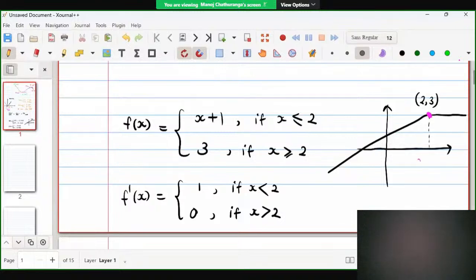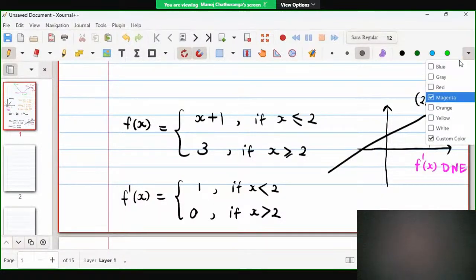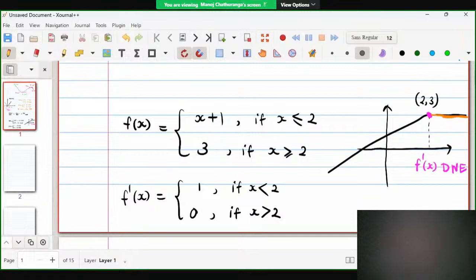So the derivative does not exist. And after 2, the derivative is 0. So if you think about it, the critical points include 2 and every other value bigger than 2.